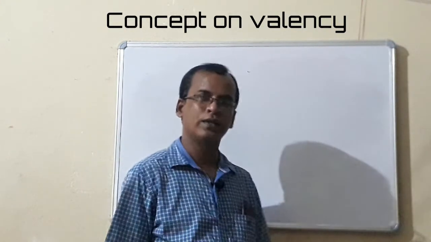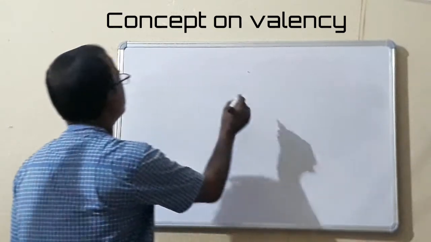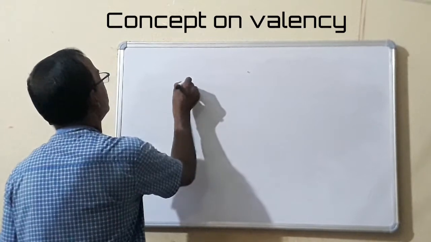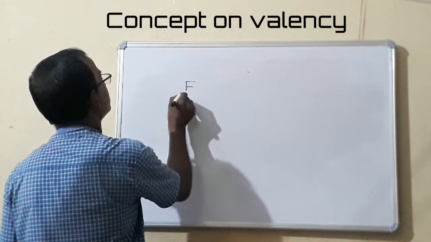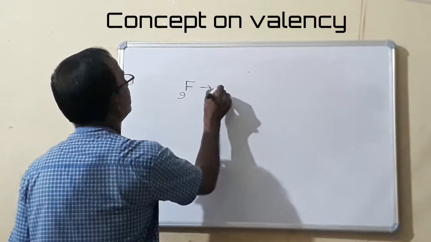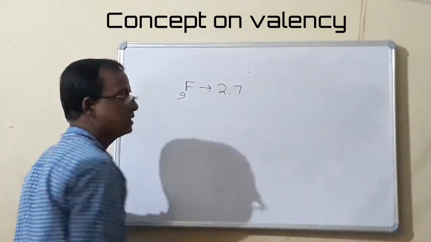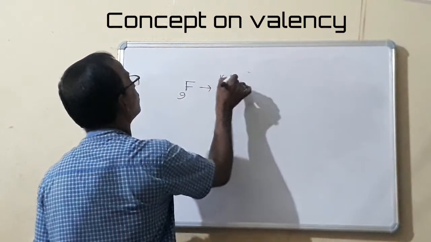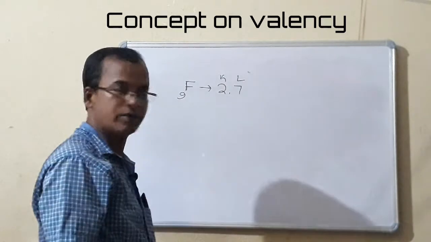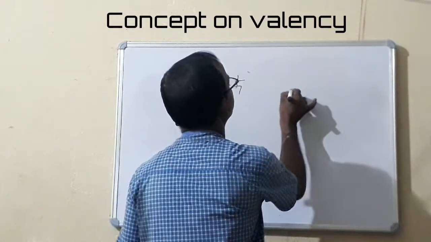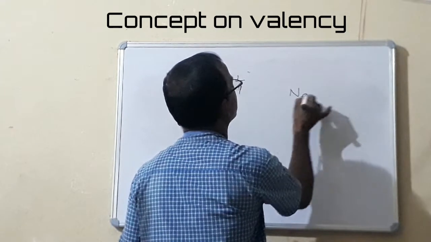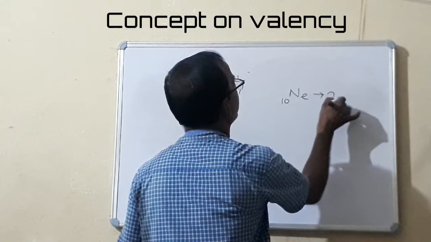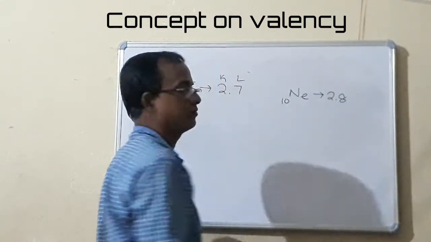If we take another example, the element fluorine. Its atomic number is 9, and its electronic configuration is 2, 7. That means in the first shell, K shell, 2 electrons, L shell 7 electrons, and its nearest noble gas is neon, electronic configuration 2, 8, and its atomic number is 10.